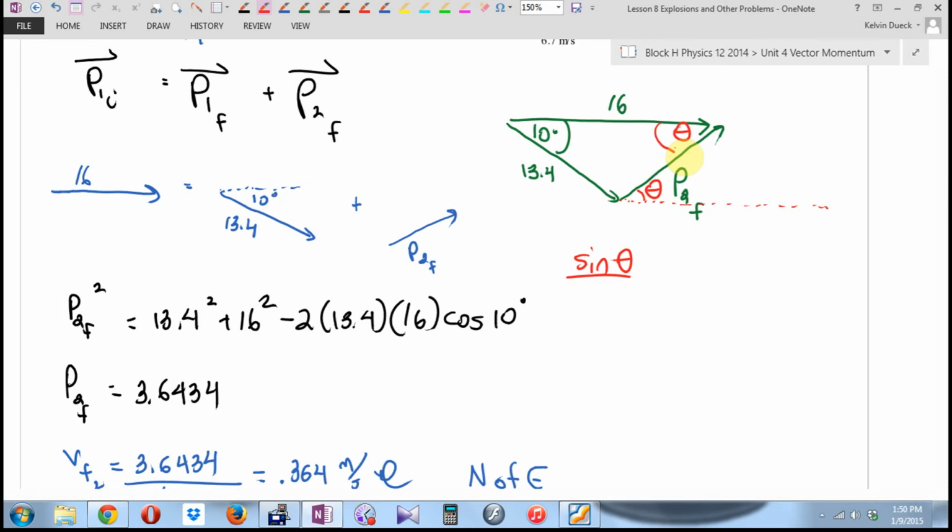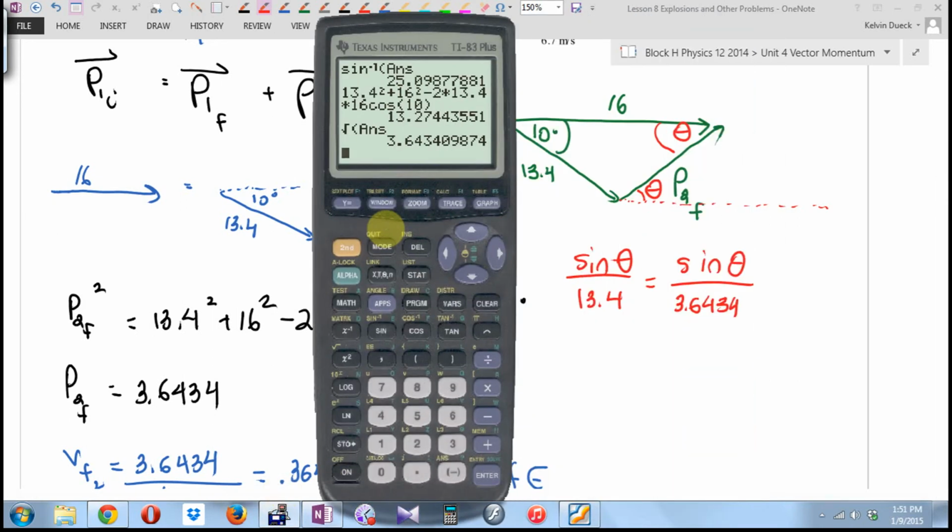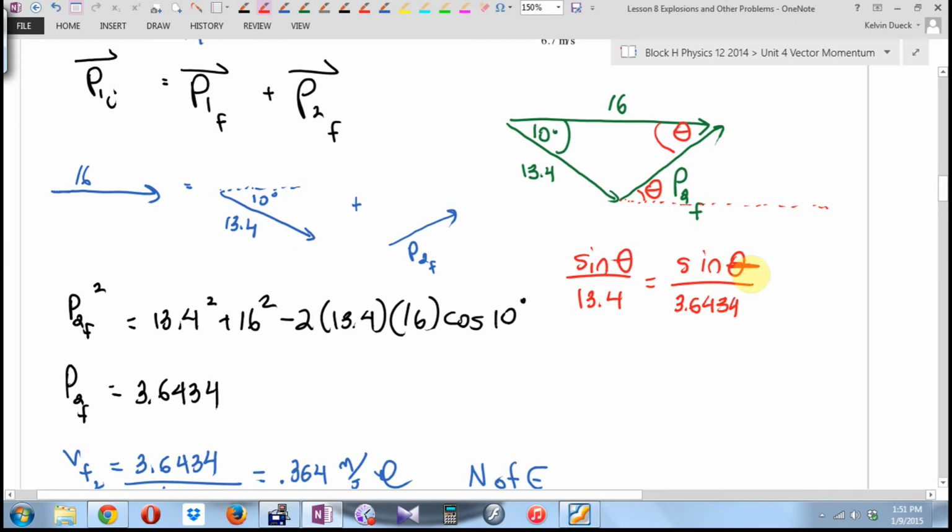There's my theta. What's across from the theta? 13.4, and that equals the sine of 10 over what's across from the 10, which was 3.6434. Why put a theta there? It's a 10.